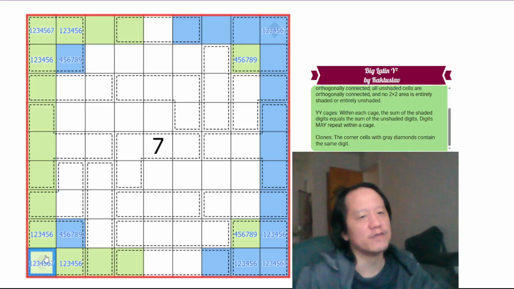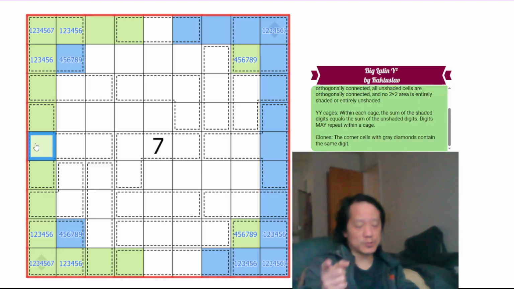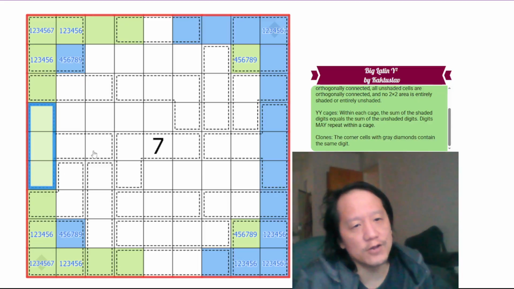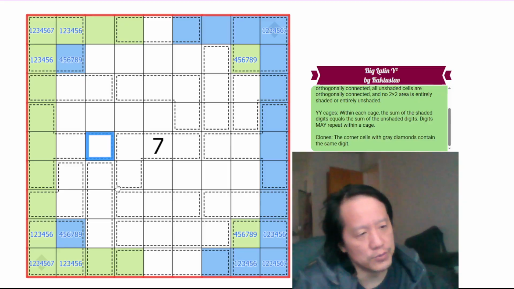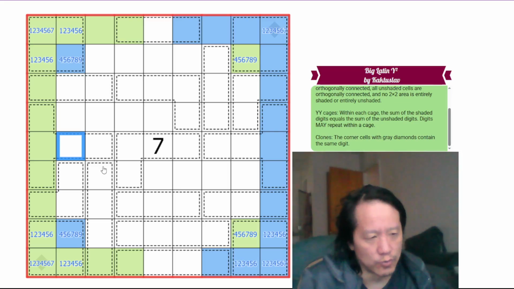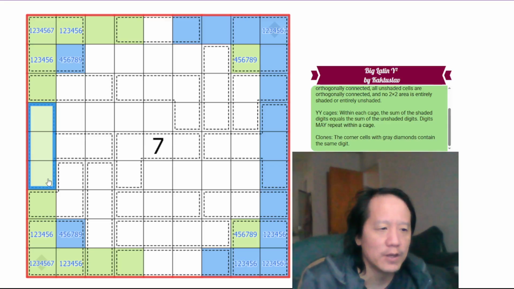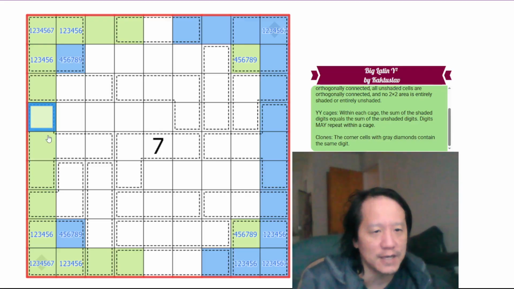Because 1 through 7 adds up to 28. If you had 4 greens and 1 blue, this would be at minimum 1. Therefore, this would have to be at maximum 8 in value. 28 minus 8 is 20.